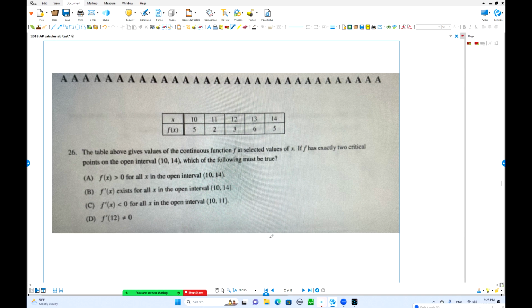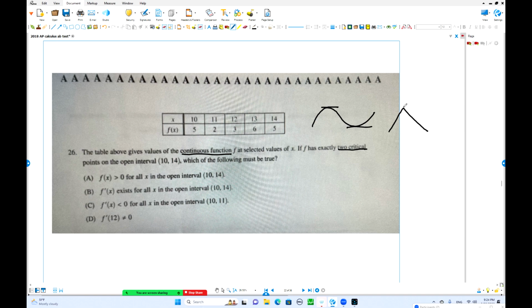What is a critical point? f prime at some value of x, the slope is 0. That is what you call a critical point. Because this is continuous, sometimes you can have this one too.